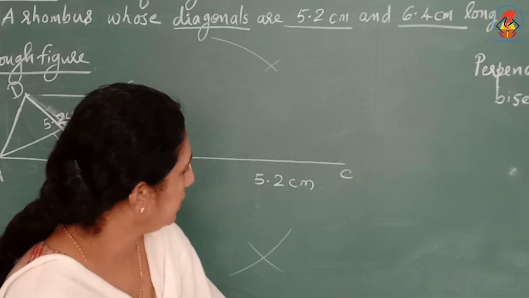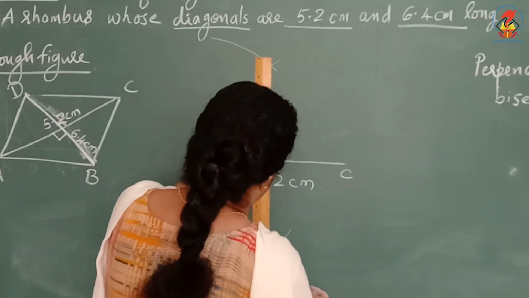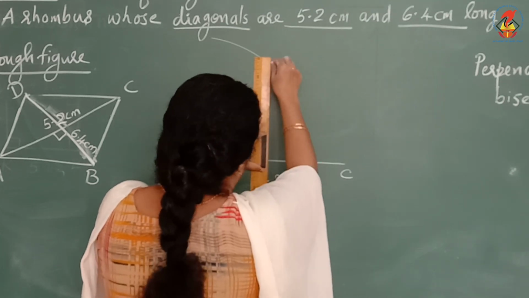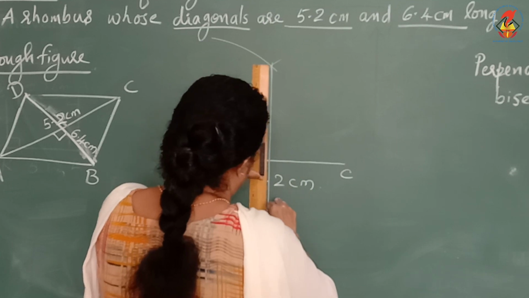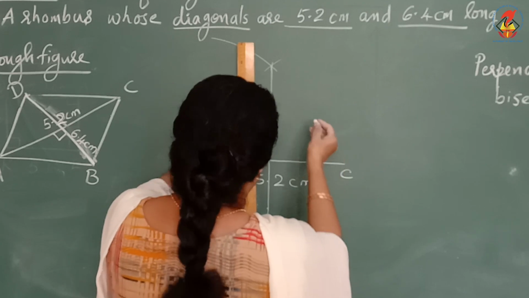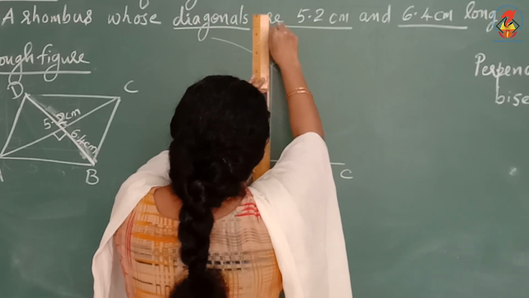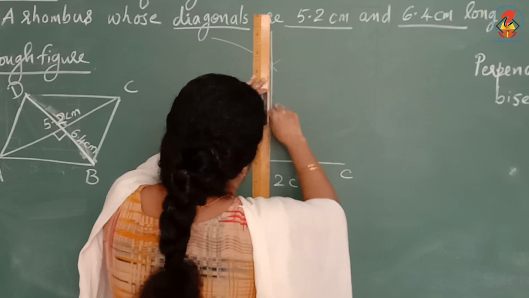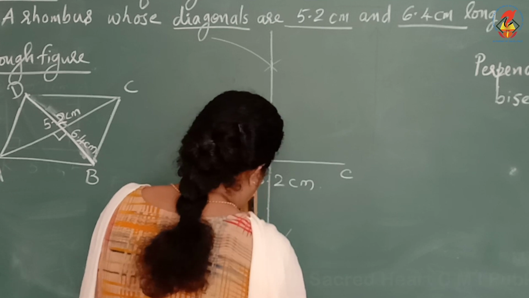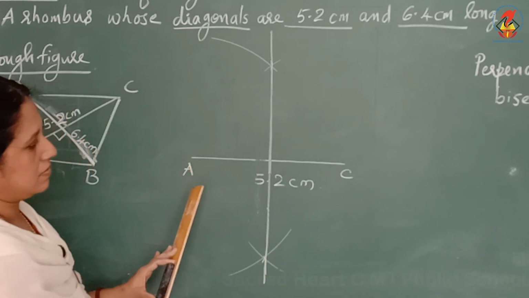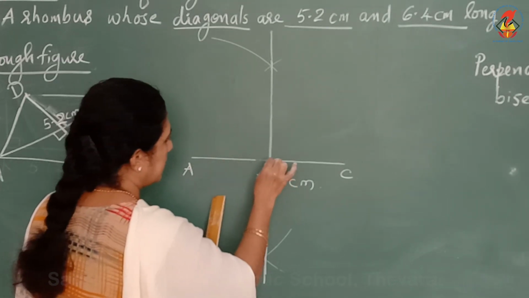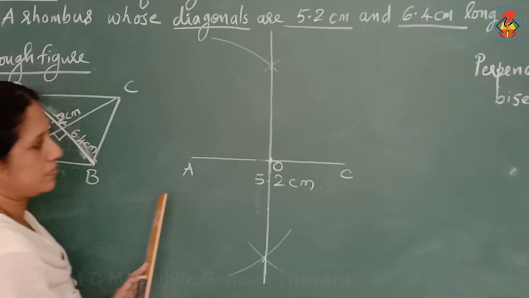Then join the arc intersections. Let the perpendicular bisector meet AC at the point O.